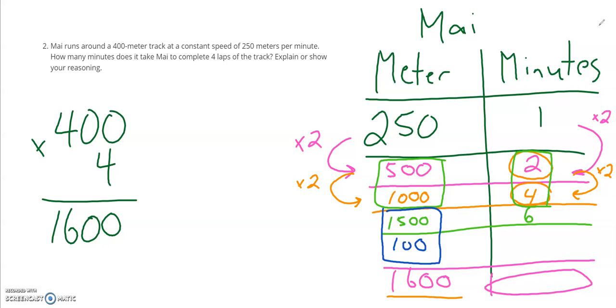So looking at the numbers that we have up here, what I think is easiest to do is to go from 500 to 100. And I can do that by dividing by 5. There's 5 100s in 500, so if we divide 500 by 5, we get 100.